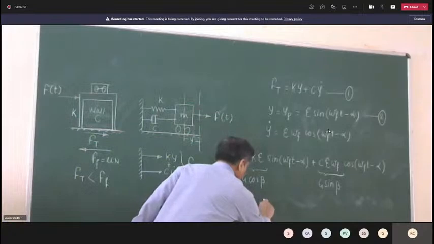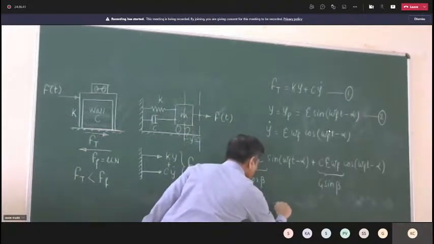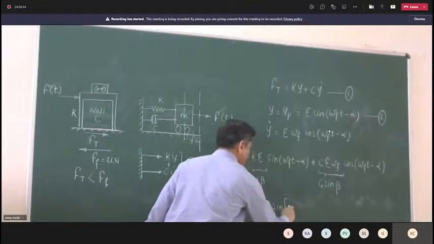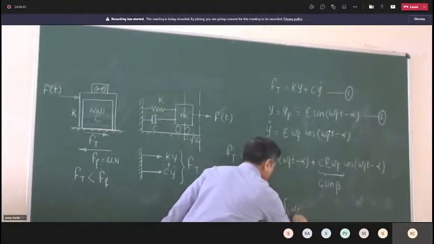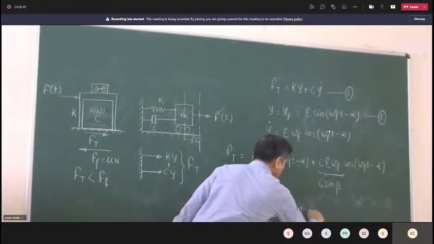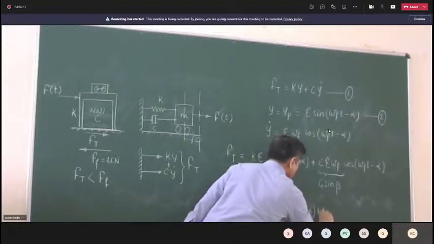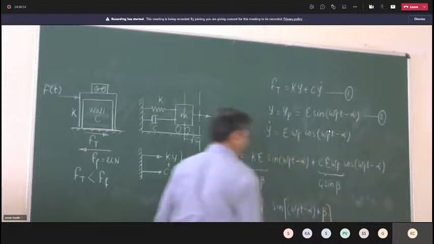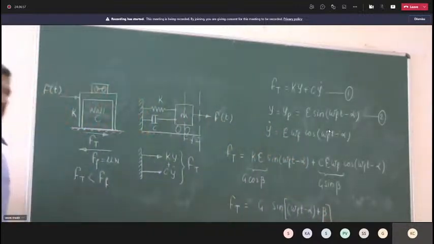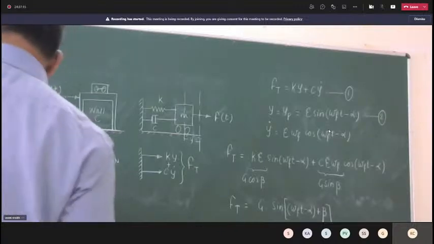If you take G common, it is G sin omega f t minus alpha plus beta. Am I right? Okay. So this is the equation for force transmitted to foundation.